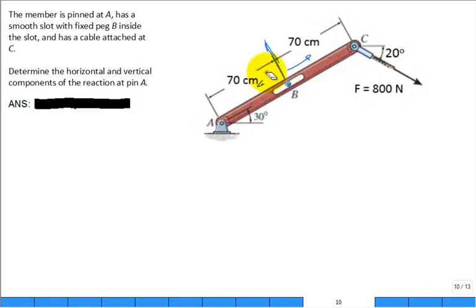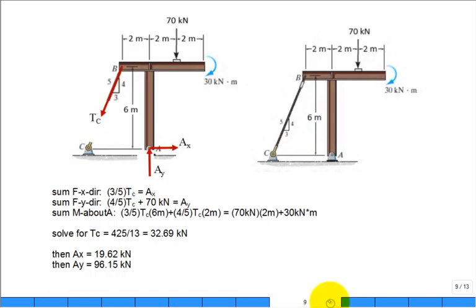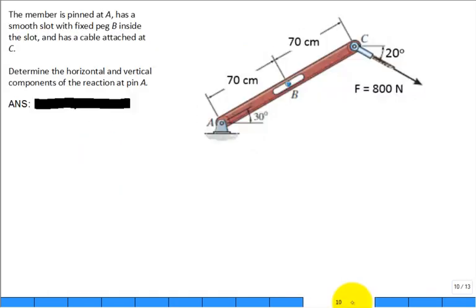All right. So this one is described in this table. When you're introduced to a new support, you go look in that table and then read about it and come up to speed. All right.